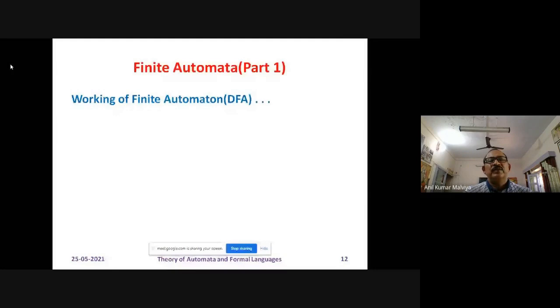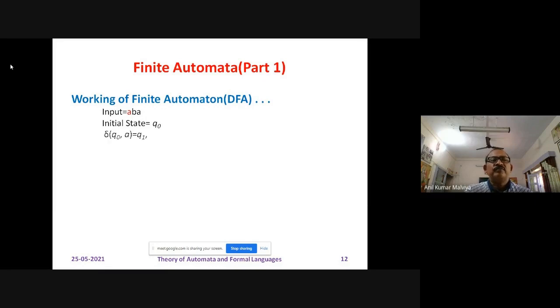Now suppose the input is A, B, A. What will happen when we feed A, B, A to a finite automaton? The initial state is Q0. The machine always starts from state Q0. There is a rule delta Q0 A is Q1, meaning if the machine is in state Q0 and the input is A, it moves to state Q1.